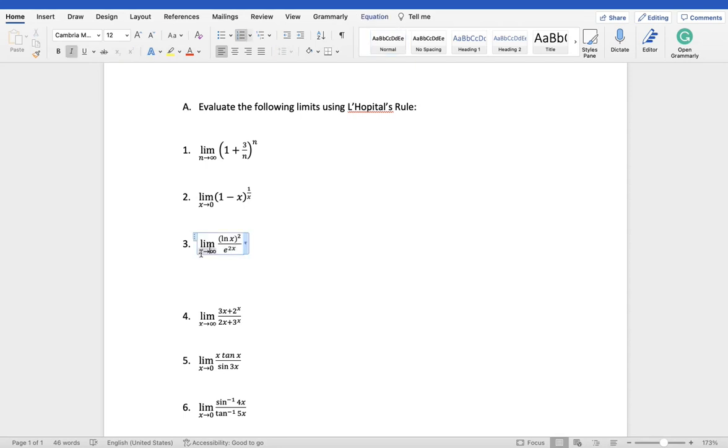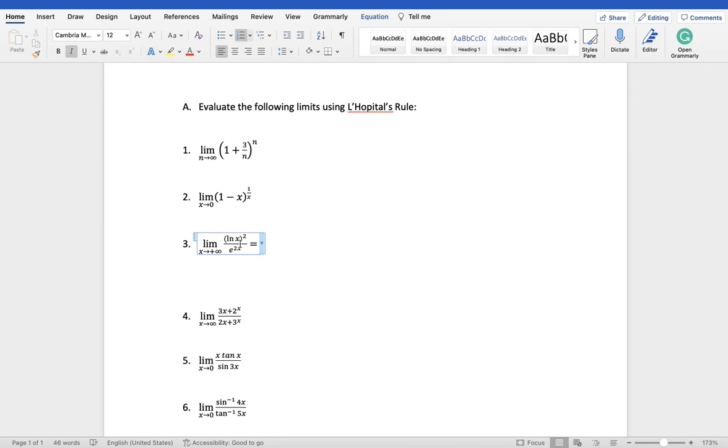Obviously here ln x is tending to positive infinity, because remember x cannot be negative when you have ln, right? So what happens when we substitute the value of infinity into this expression?